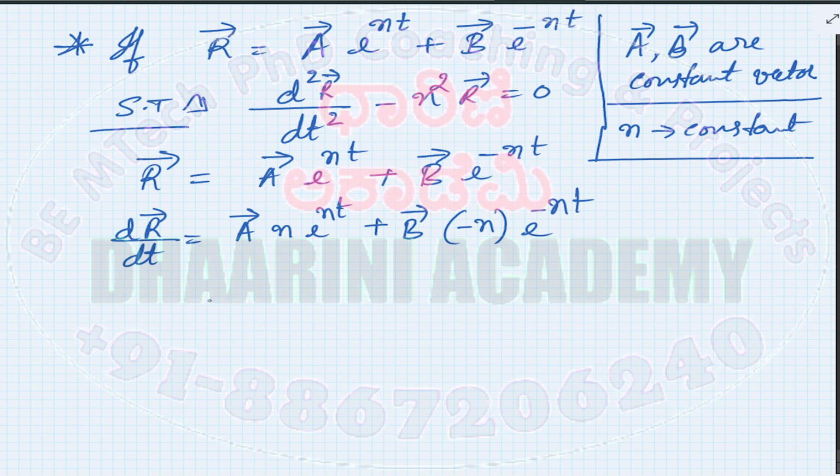So I can write this as n a vector e to the nt minus n b vector e to the minus nt. This is the first differentiation.